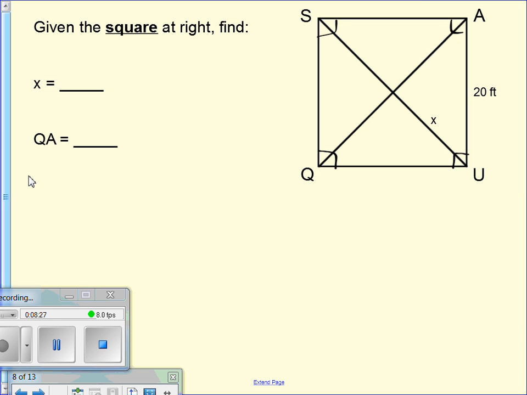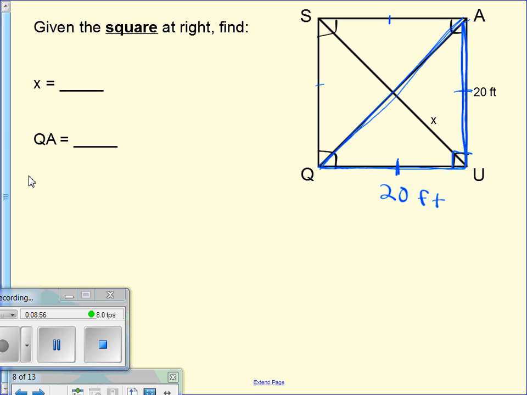The next one I might do using a little trick. So, give me the square right. Find x, find QA. Now, this time I know the side length, and it's a square, so all side lengths are the same. So this is also 20 feet. QA is what I want to find, and I might notice something here. It's a right triangle with 2 equal sides. That's my isosceles right triangle.